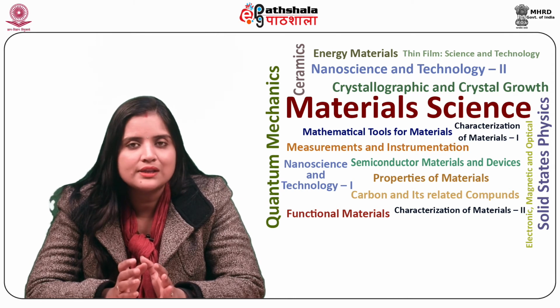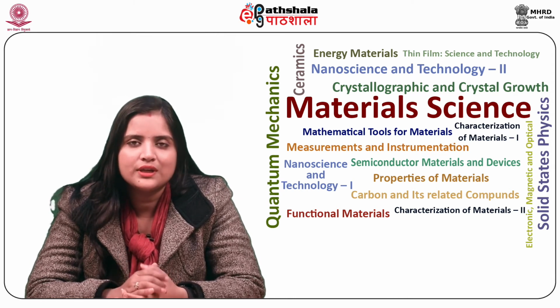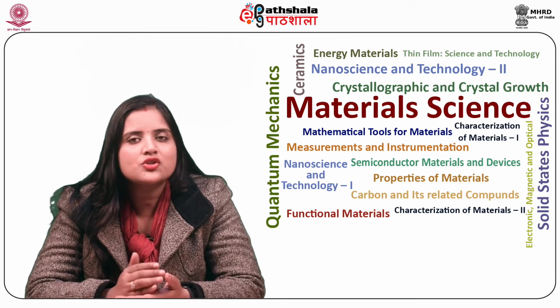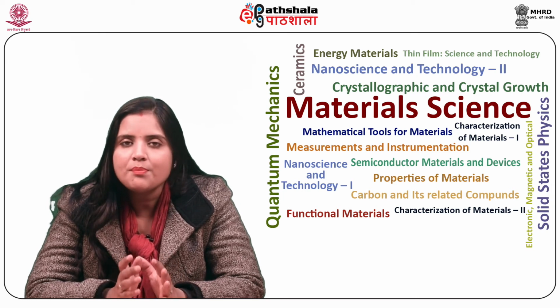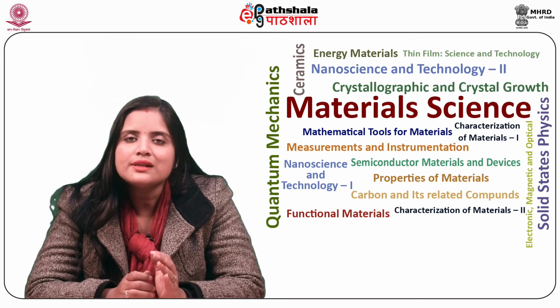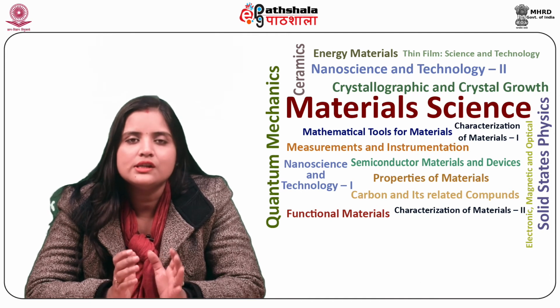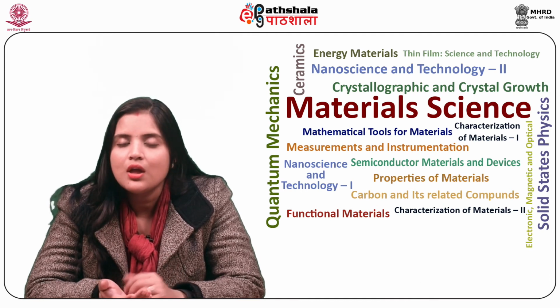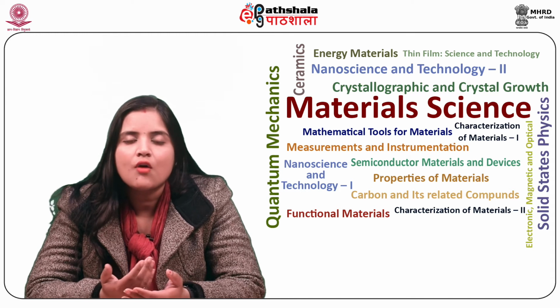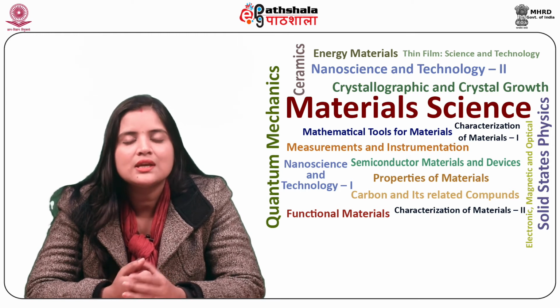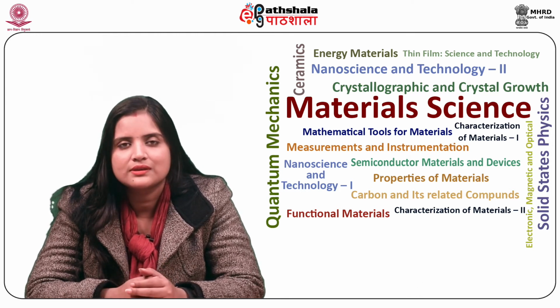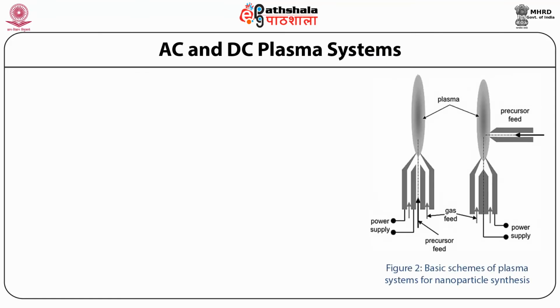These interdependencies are further complicated by the effect of pressure or particle charging and selective particle heating. Therefore, any discussion of influencing parameters is highly complex. We next discuss AC and DC plasma systems.